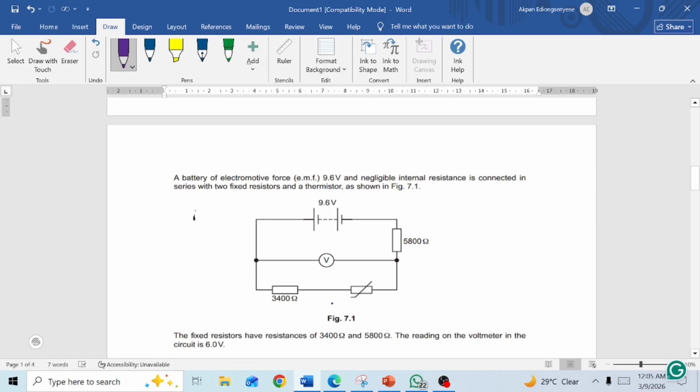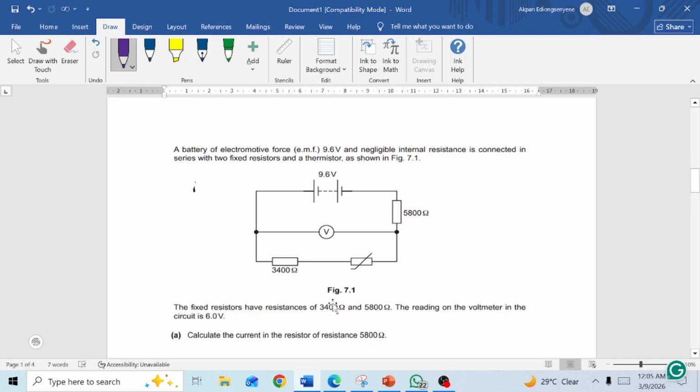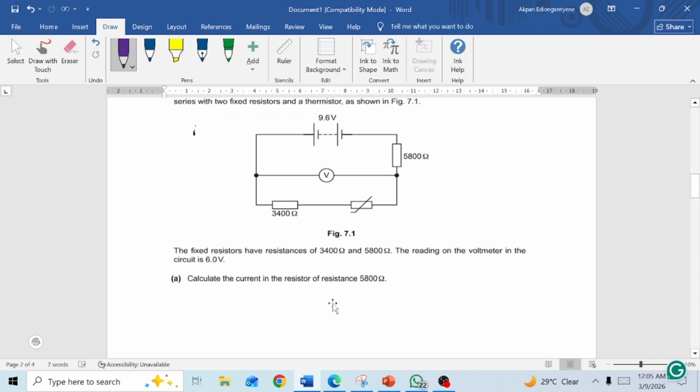A battery of EMF 9.6 and negligible internal resistance is connected in series with two fixed resistors and a thermistor as shown. The fixed resistors have resistance 3400 and 5800. The reading on the voltmeter in the circuit is 6. Calculate the current in the resistor of resistance 5800.